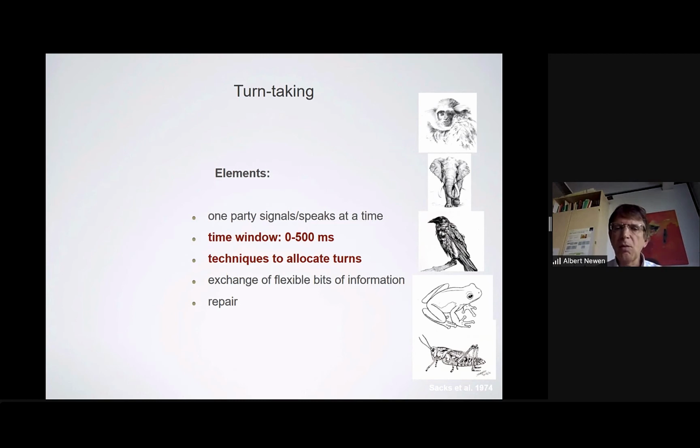There's a very short time window, up to 500 milliseconds, in which one has a reaction, and the techniques to allocate turns are observable. There's an exchange of flexible bits of information, and this kind of interaction can be repaired. So it's not simply a very fixed, completely determined process of interaction that's going on.